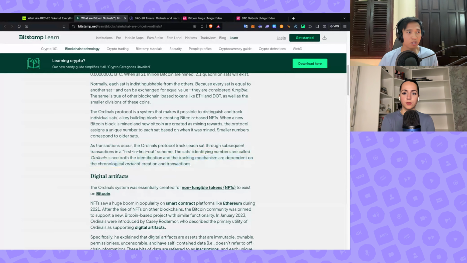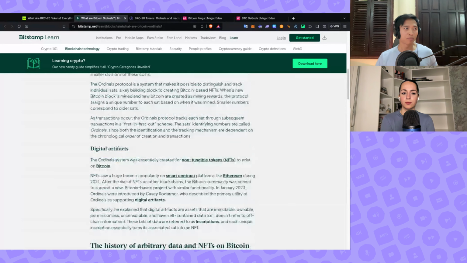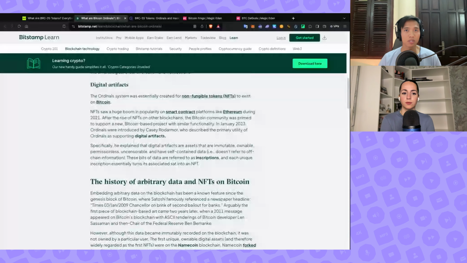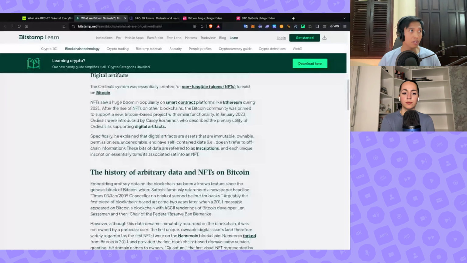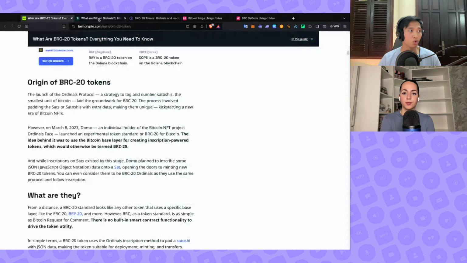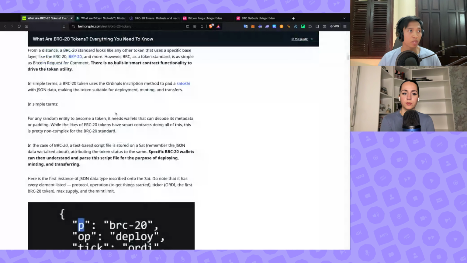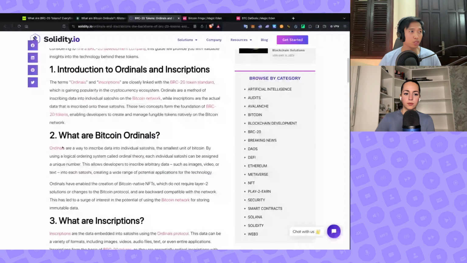I'm probably not going to deep dive into a lot of the technical stuff here, so let's go back to ordinals. I think this website has a very good explanation. Ordinals are a way to inscribe data into individual Satoshis.